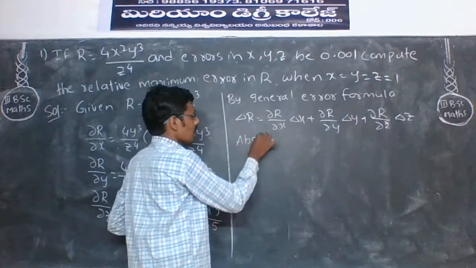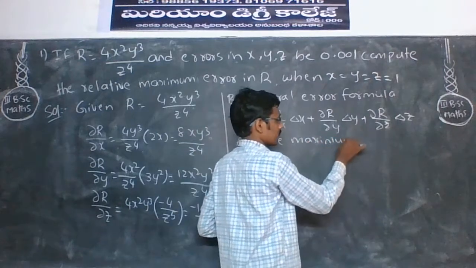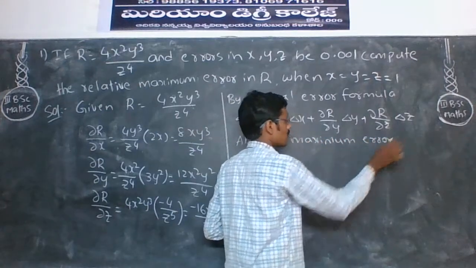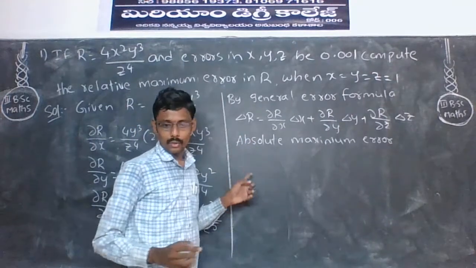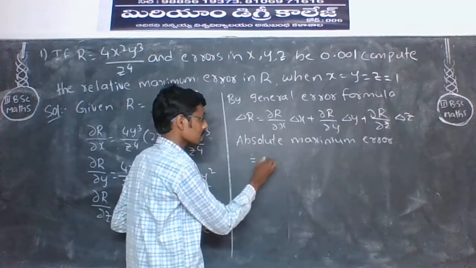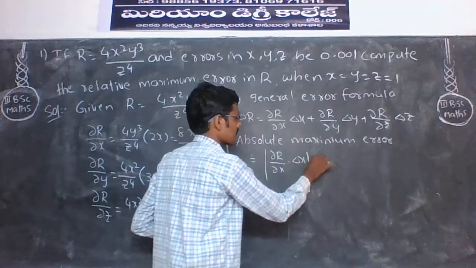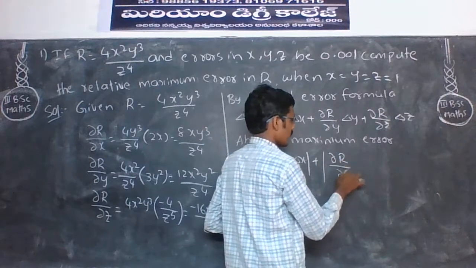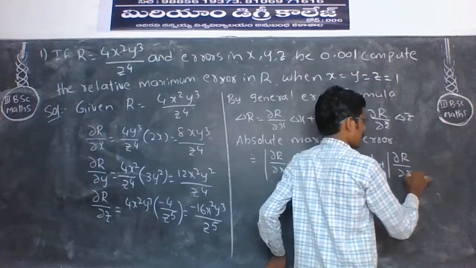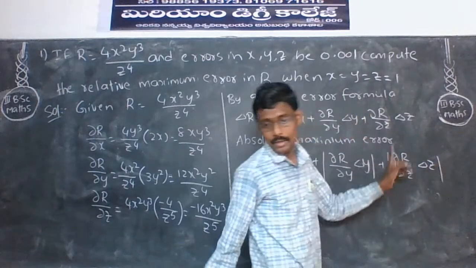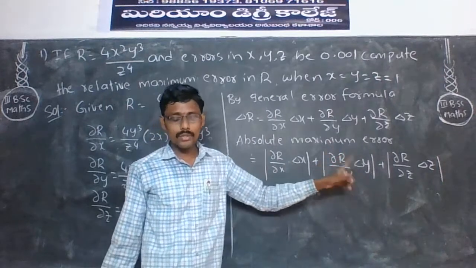Take absolute values, only positive values. So the absolute maximum error E_A maximum is equal to modulus of ∂R/∂x delta x plus ∂R/∂y delta y plus ∂R/∂z delta z.